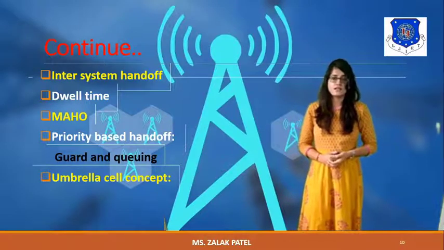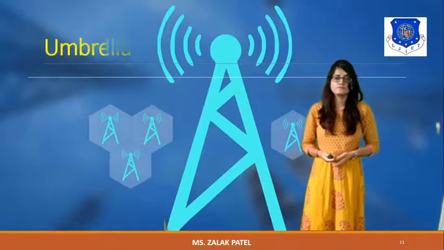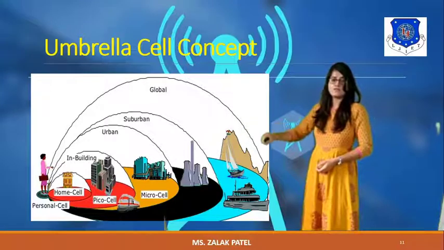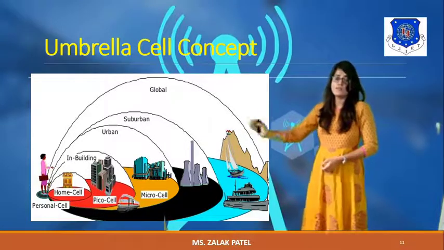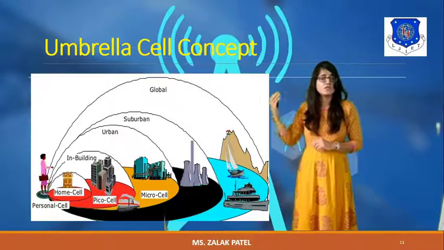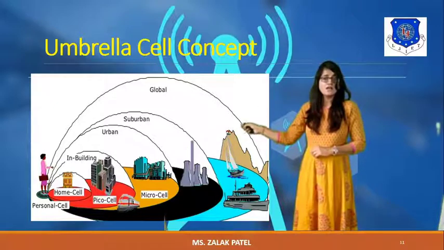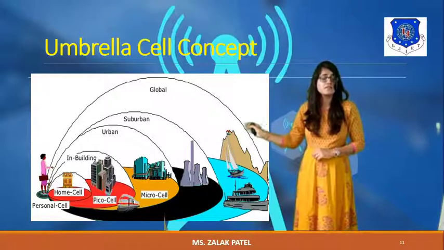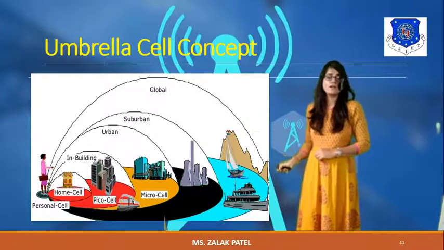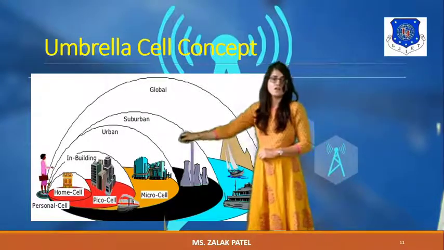Next is the umbrella cell concept. For the umbrella cell concept discussion, consider this figure. In the umbrella cell concept, you can see that the cells are divided into a number of areas. Here you can see the suburban area or urban area, and this complete area, the global area, is one larger cell, and the other cells are the urban area or suburban area.